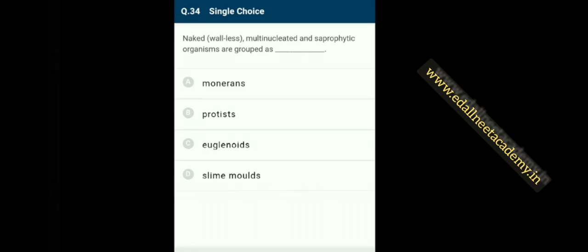Prokaryotes are organisms whose cells do not have a well-defined nucleus. All the bacterial groups are included in Monera, as well as cyanobacteria, free-living photosynthetic bacteria that perform oxygenic photosynthesis. So the answer for this question is option D, slime molds.